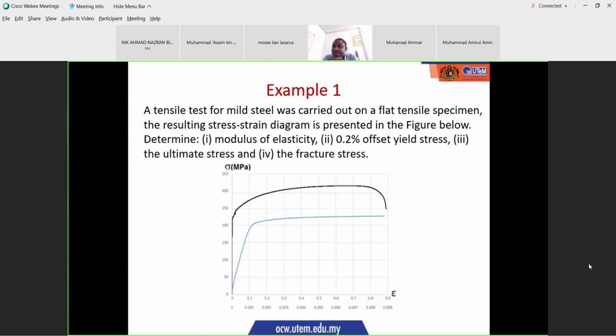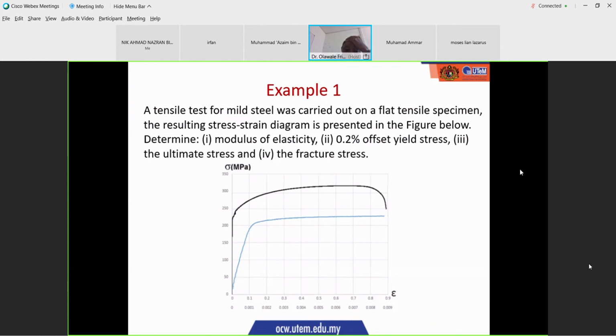Go on. Black line have an elastic limit. I don't understand that. What is the difference between the black line and the blue line? I want to know. Black line, there is no linear line. Okay. And the blue line has a linear line. Okay, thank you, Azaim. I think that's good enough for me.